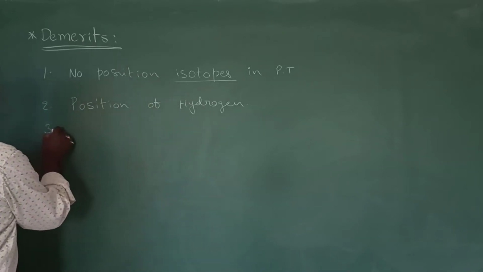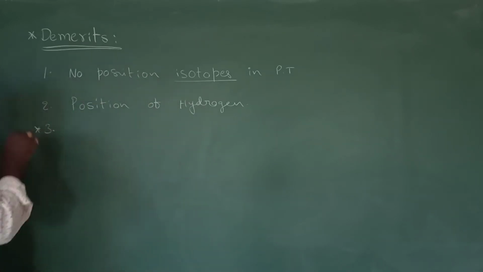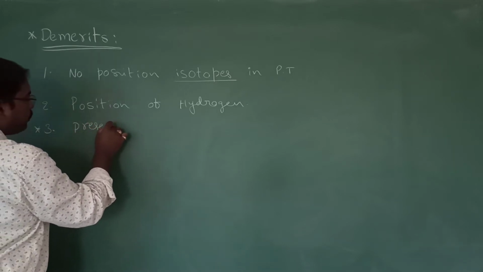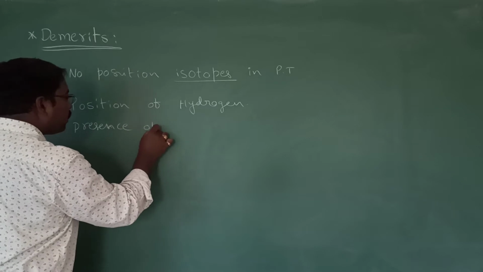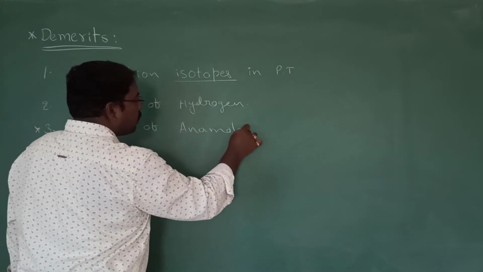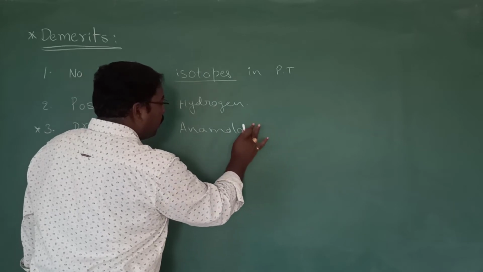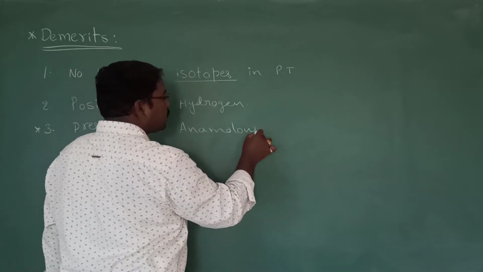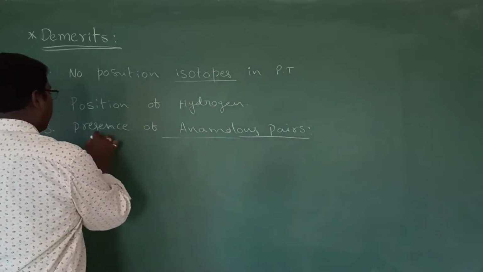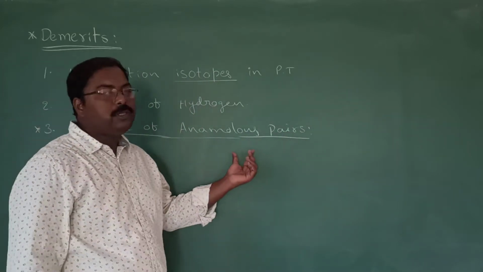Now, the very important topic of Mendeleev is the presence of anomalous pairs. So first we need to know about this term.